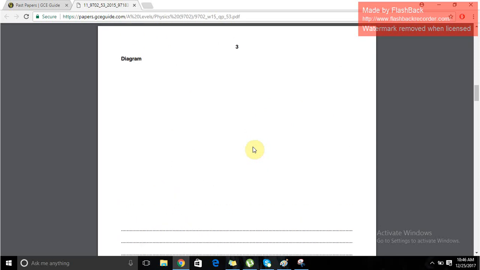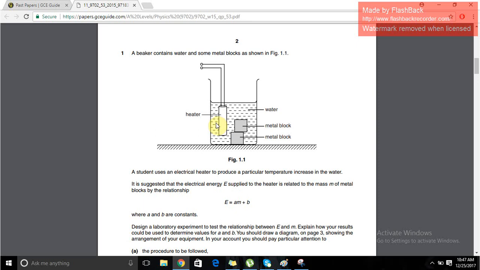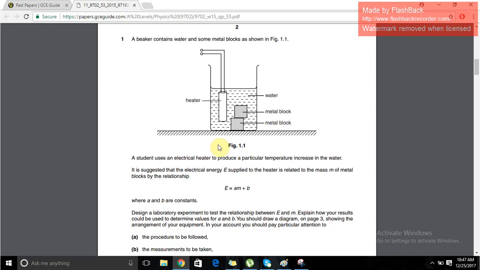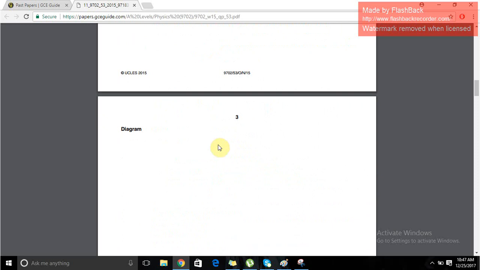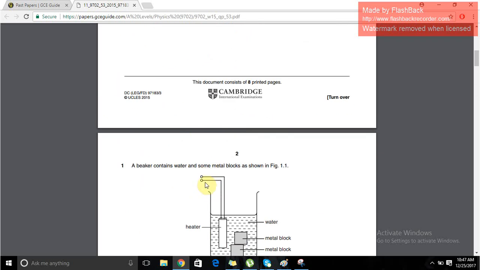Number one, in the diagram portion, which accounts for almost 2 marks, you'd draw the speaker, and you'd draw the metal block, and you'd draw the heater. And what else would you do? You will have to complete the circuitry.